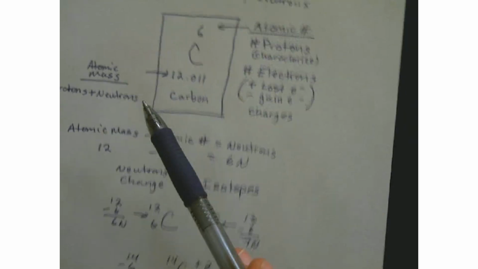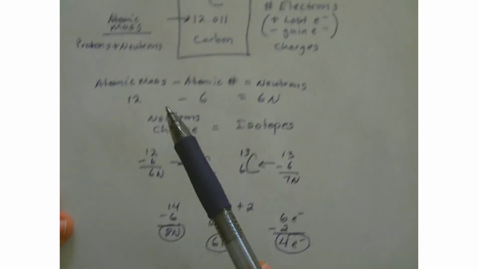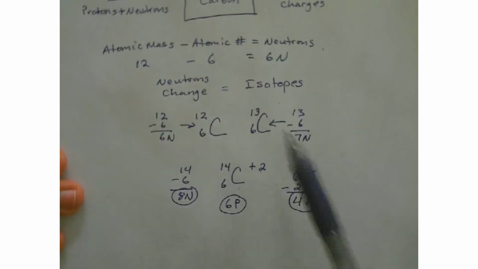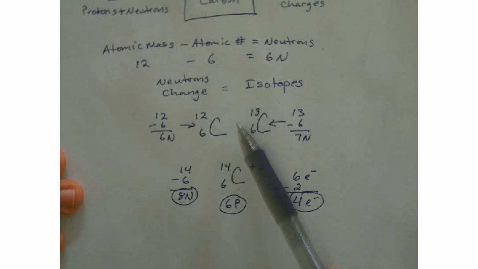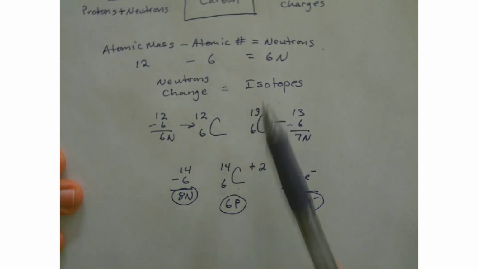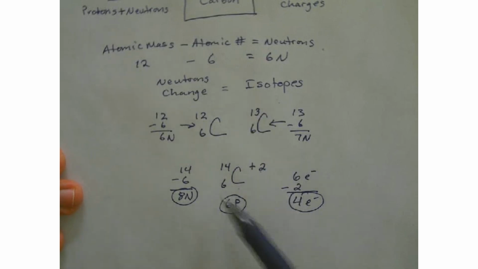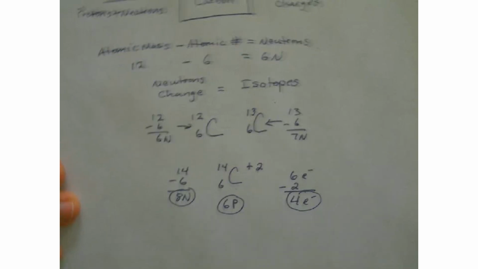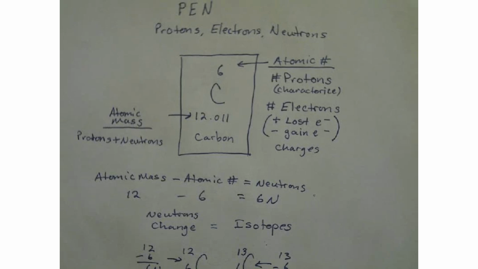And the number of neutrons can change. We call those isotopes. So whenever you get something like this, you should be able to calculate everything because you know how. Any questions, guys? Well, that's PEN, protons, electrons, and neutrons, and I hope this helps you with your calculations in the future.